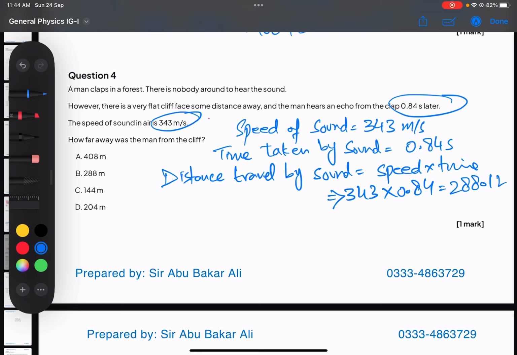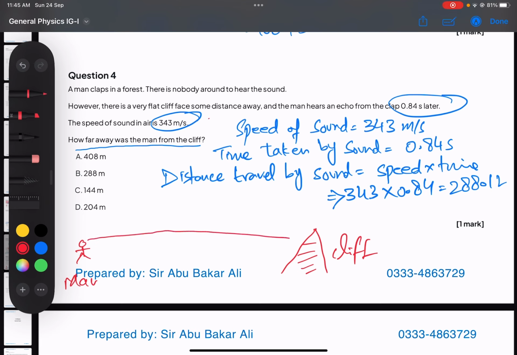Okay, this is our distance traveled by the sound waves. What we need is how far away the man was from the cliff. So let's suppose there is a man standing and there is some cliff at that point, and if the sound is produced from that point, it will travel toward the cliff and it will strike and bounce back.